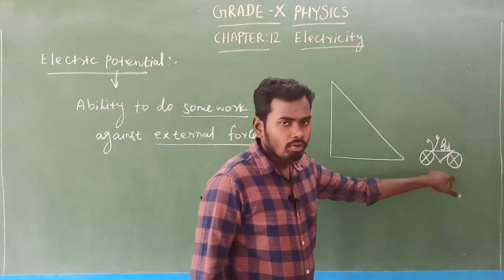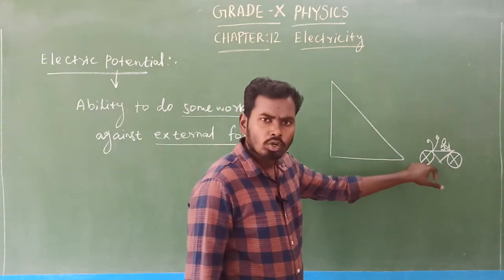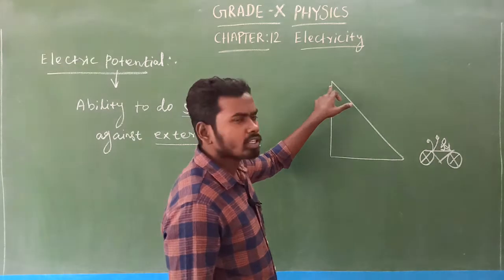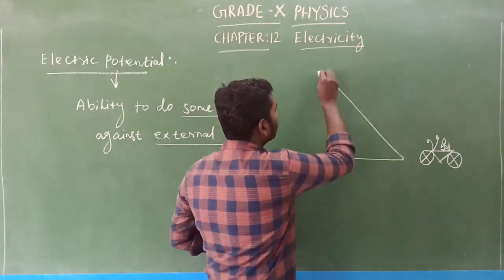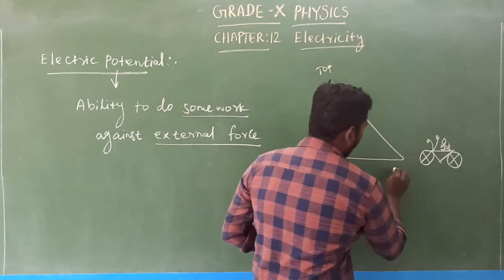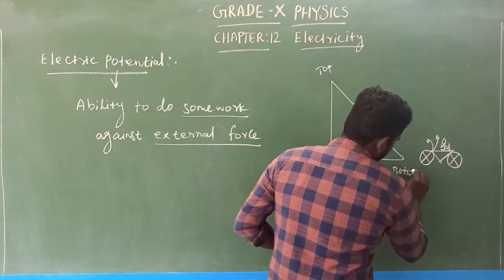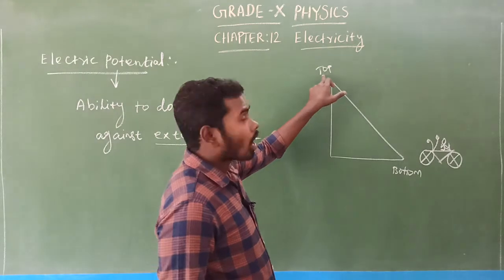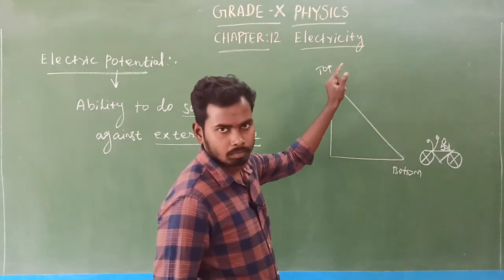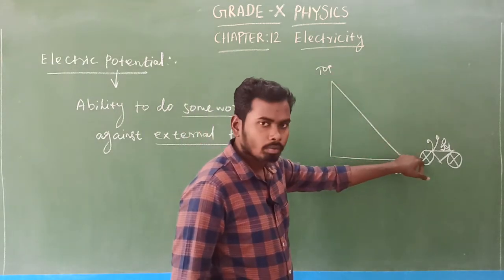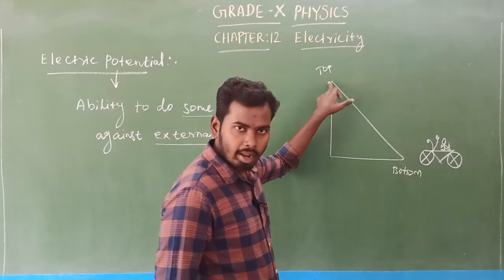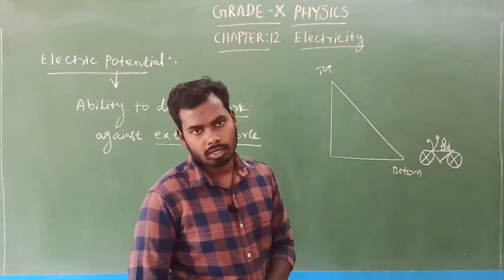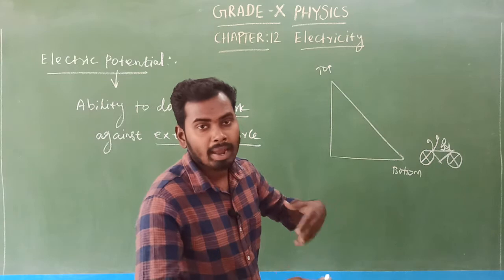You are here with your bicycle. You want to go to the top of this inclined plane. This is the top, and this is the bottom of the inclined plane. Note this point: you want to go to the top from the bottom with this bicycle by pedaling.